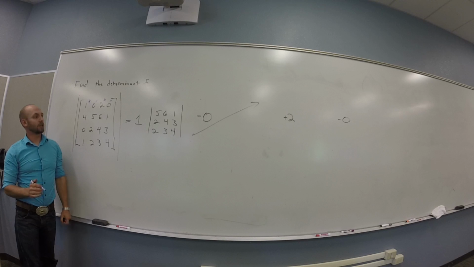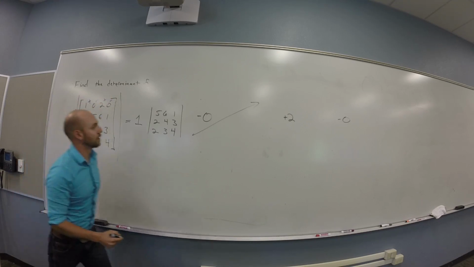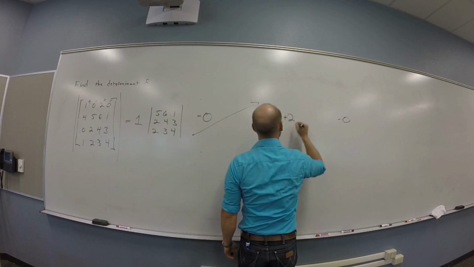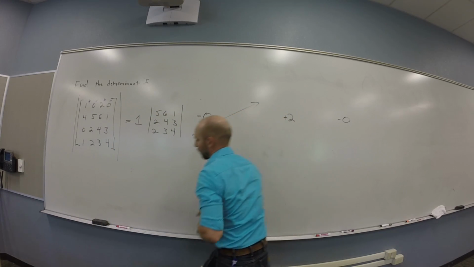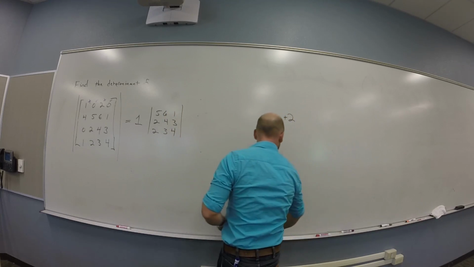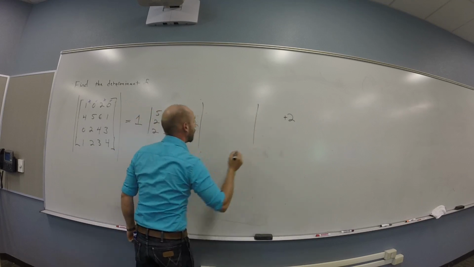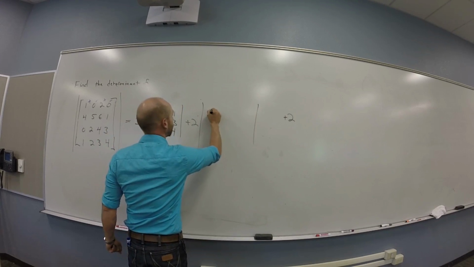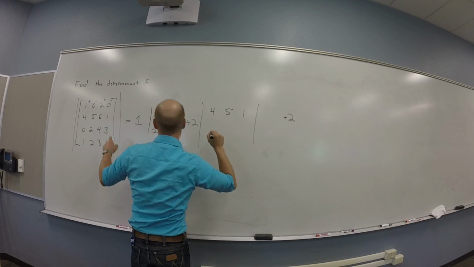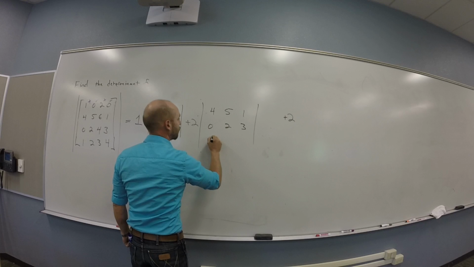So then what's the plus 2? 4, 5, 1, 0, 2, 3, 1, 2, 4. Perfect. And then you can cross the other one out. So we don't need the minus 0, so I'm going to erase that. I need plus 2, and that was 4, 5, 1, 0, 2, 3, 1, 2, 4.